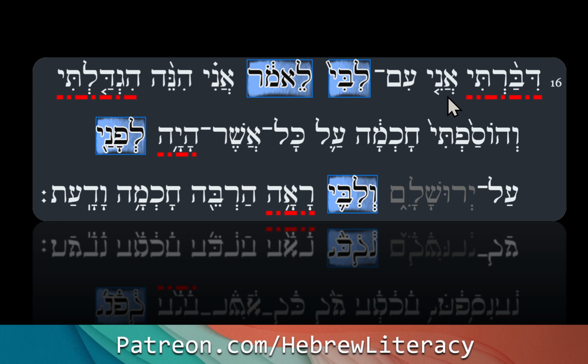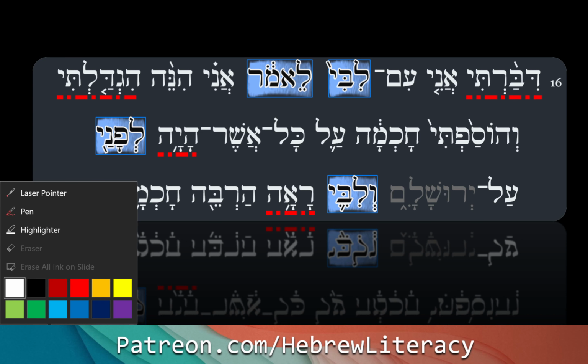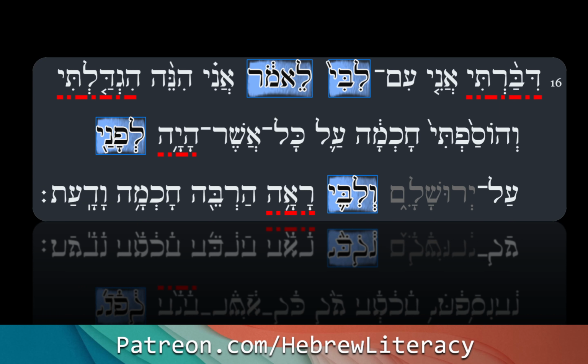Dibarti ani עם ליבי לאמור. Dibarti, notice I have the red dashed underline. This means it's a perfect verbal form. And that T at the end tells you who is in control of the verb.